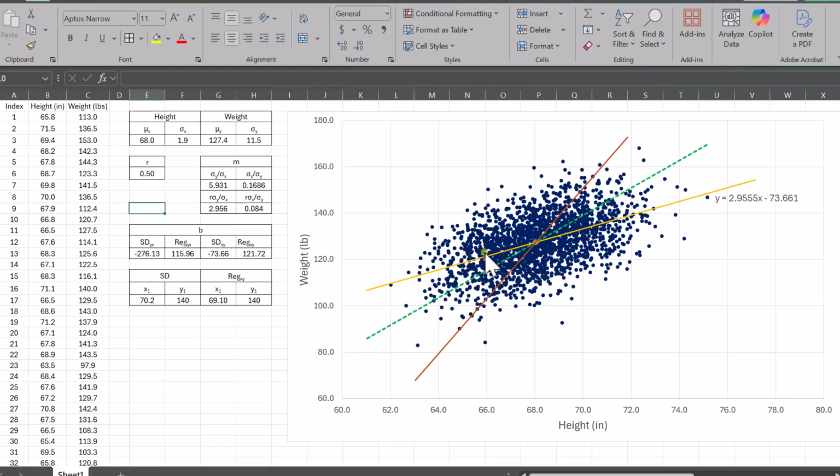In this case, since the correlation coefficient is 0.5, the regression line is always halfway between the horizontal and the SD line. Now, if we look at this from the perspective of what that 0.5 is doing, it's taking into account that we're trying to get the averages here, right?